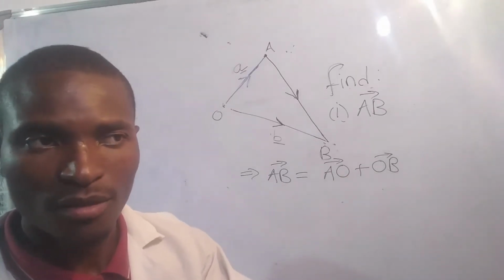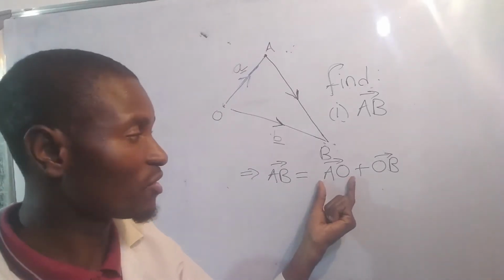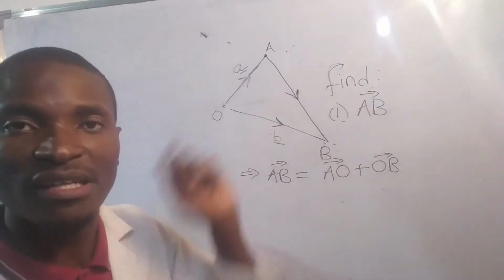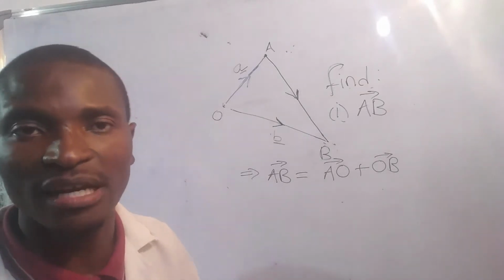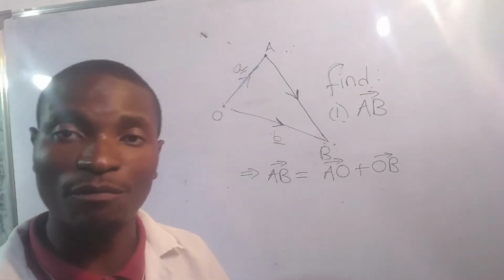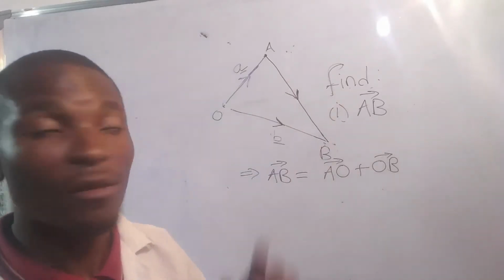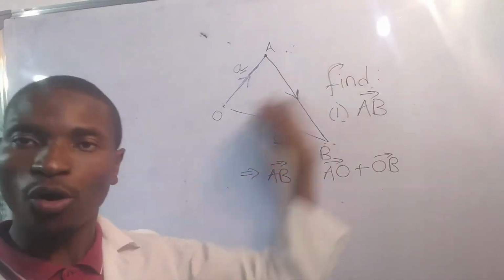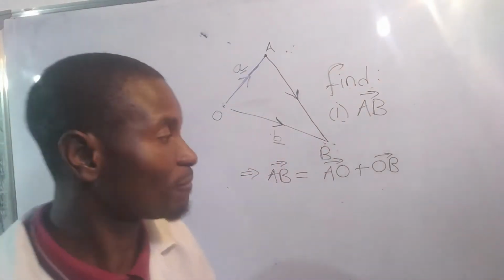Every time you change this direction so that it conforms to the original given direction in the diagram, then we have to write a negative sign, because we are now moving against the original direction, which is OA. So we are coming to AO. It's more like we are colliding.